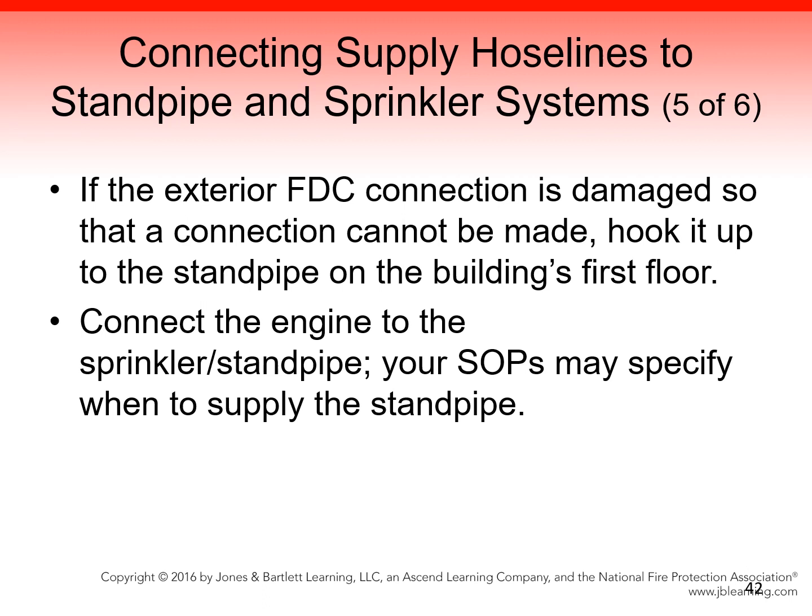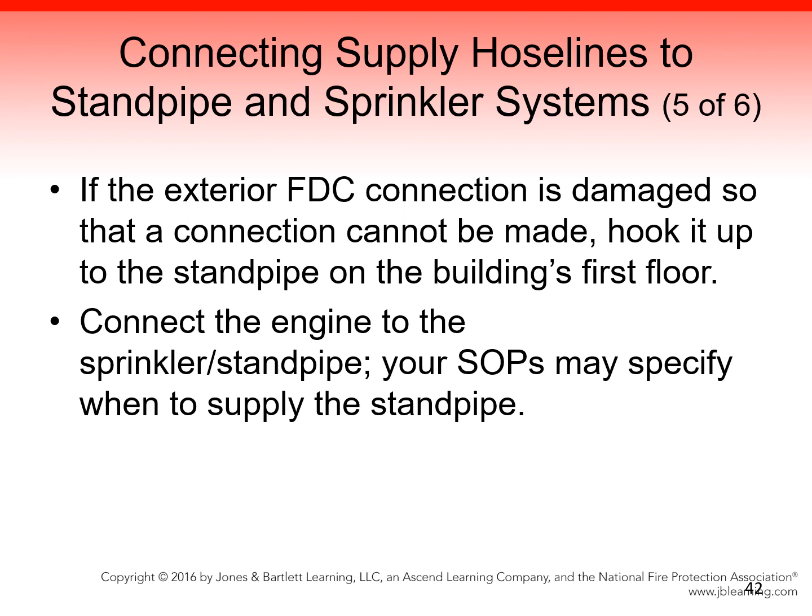After the engine is connected to the standpipe sprinkler, the fire department's SOP/SOG may specify when you will supply the standpipe. One factor that may affect this decision is whether the standpipe is a wet or dry system. Whether a system is wet or dry may be dictated by state or local codes. A wet system has water under pressure in the pipe at all times. It is typically supplied by the water utility department having jurisdiction.